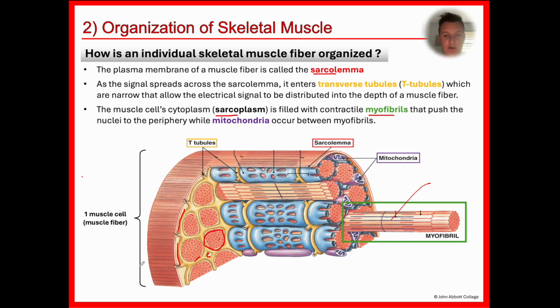So we see our one muscle cell with a sarcolemma, a plasma membrane. It also has sarcoplasm inside, which is cytoplasm. There are T tubules for the nervous signal to go deep down into the muscle fiber. You see mitochondrion, of course, because these cells will need oxygen and glucose.